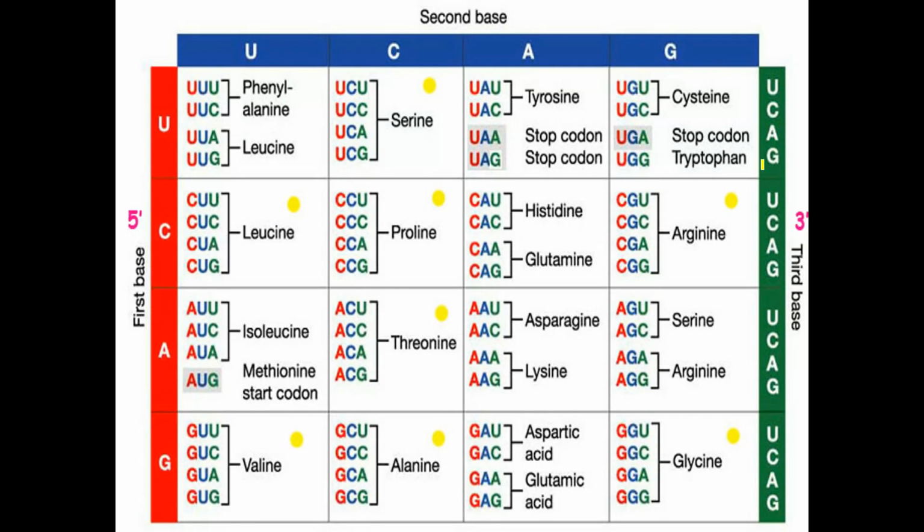Now, if you have the rectangular chart, and you may have one in front of you, you should have gotten your own copy. The first letter in the codon is always on the left, and that will narrow it down to a particular row.